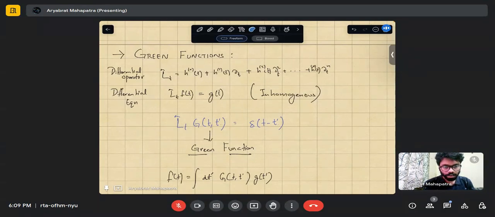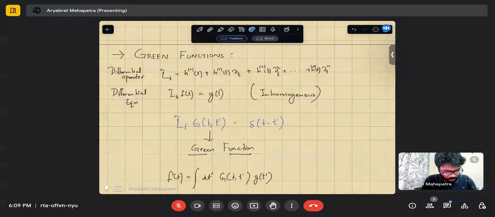You can get a very fruitful intuition of what Green's functions actually are and how they are useful to you. Just for a quick review, here is what you normally do with Green's functions.